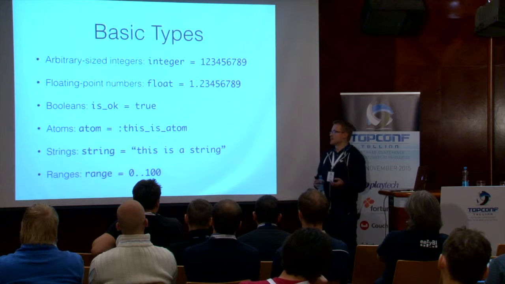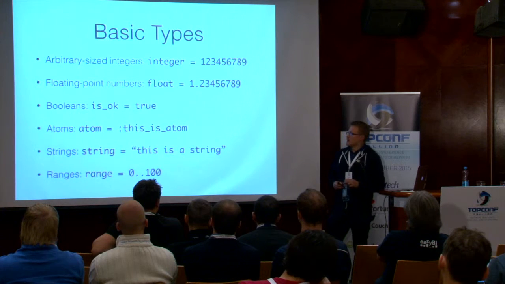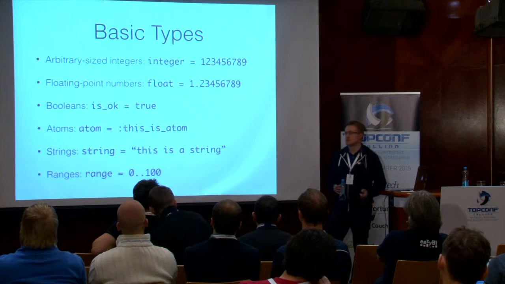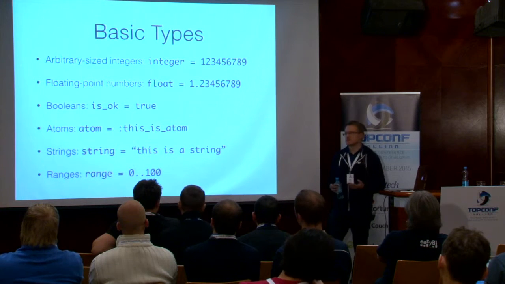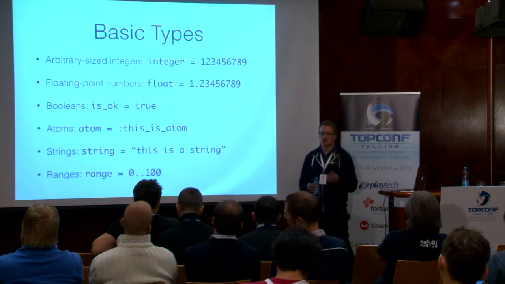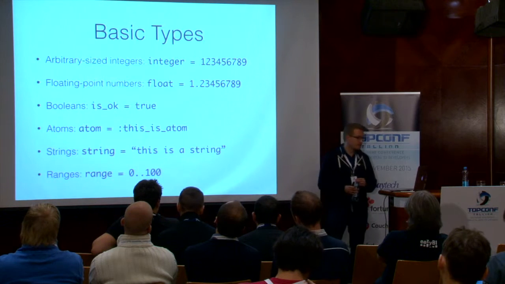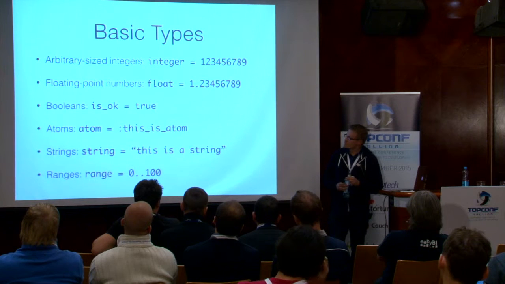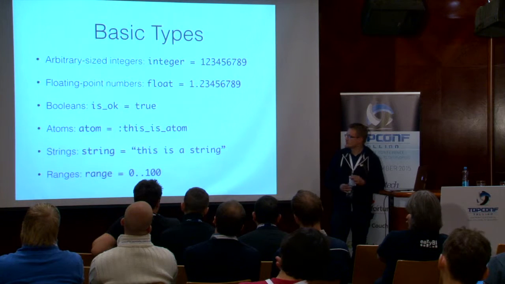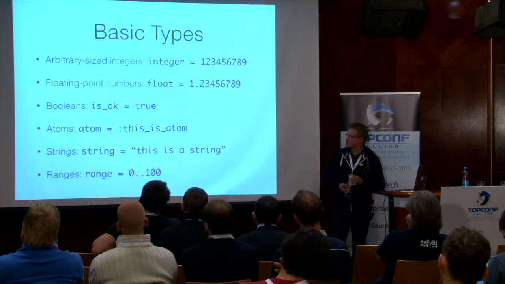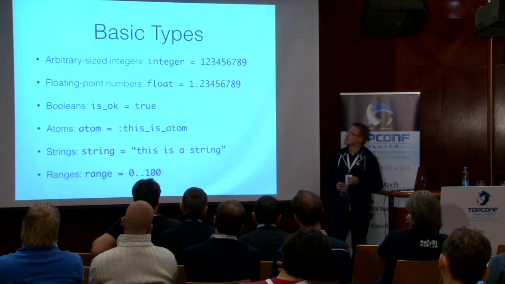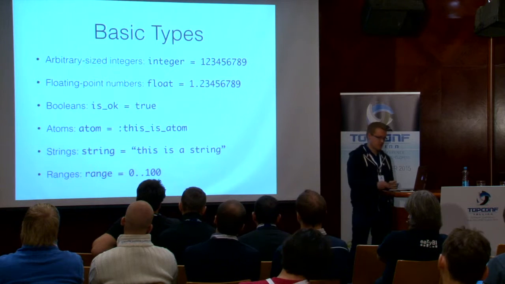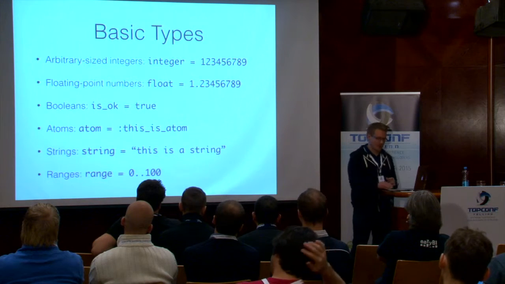So, for example, if everything goes well in a function, it might return atom OK, or if something fails, it returns atom error. And about strings, they are UTF-8 encoded binaries, and so Elixir has full Unicode support, like any modern language nowadays should have.